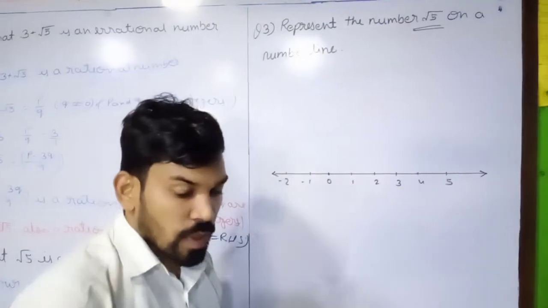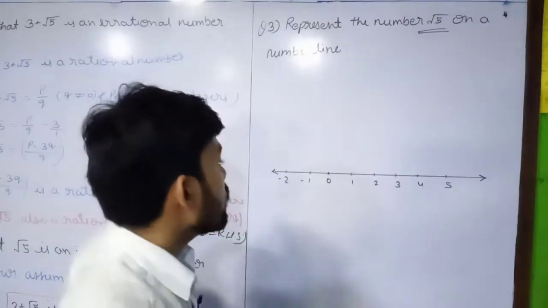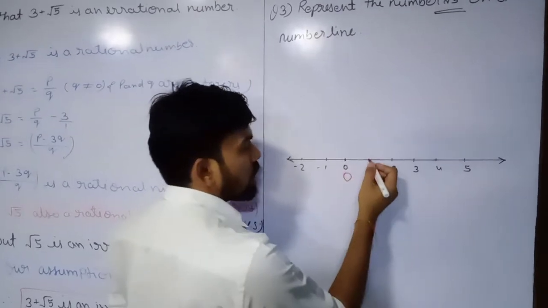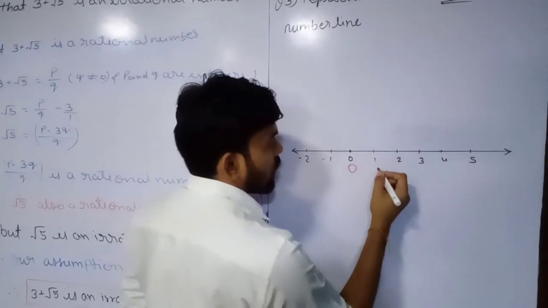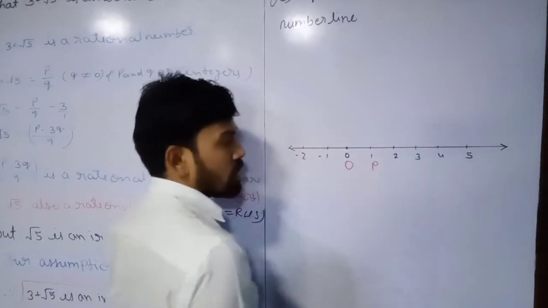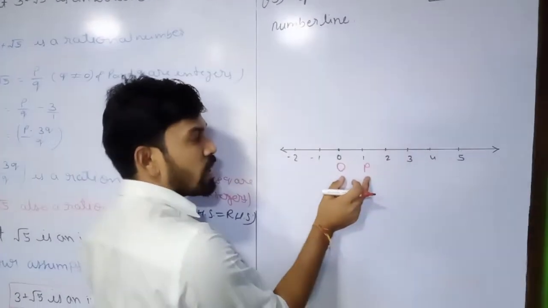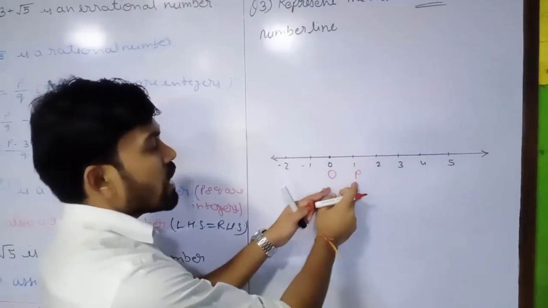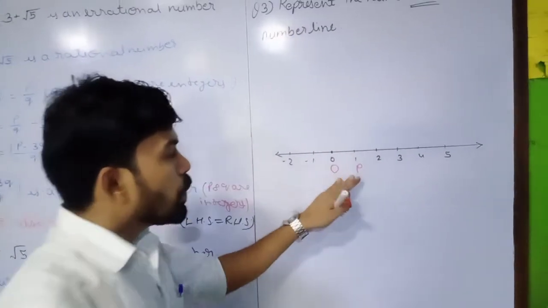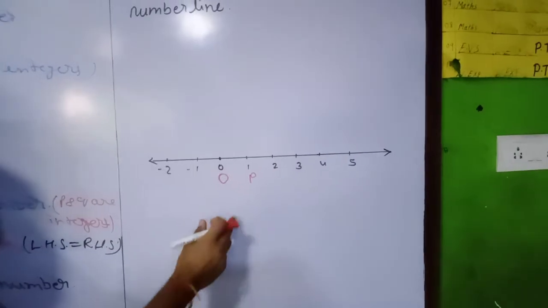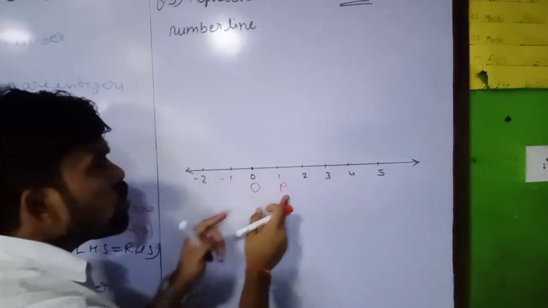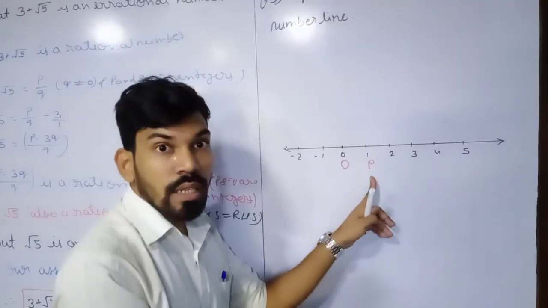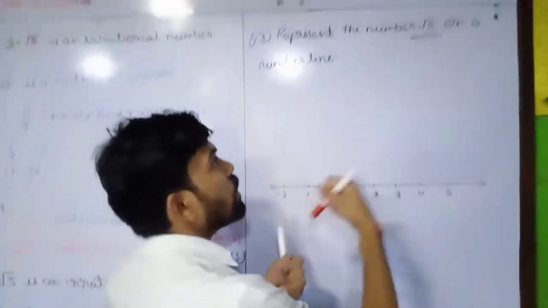So how could it be? We take this 0 as O and this 1 we take as P. So first, it is 0 to P. How can we know how much point we have to take? That depends on what we need to show.